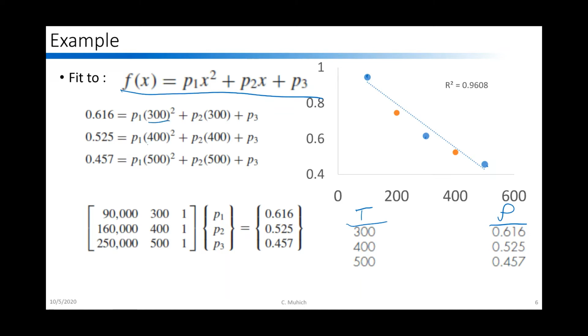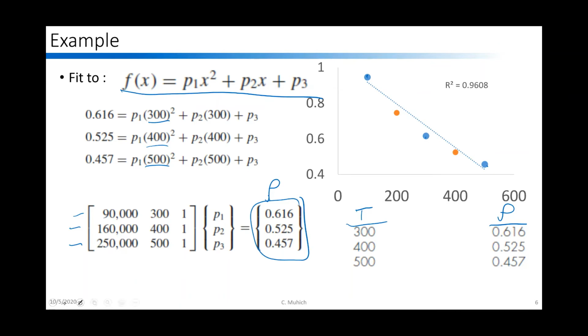So here we take 300 squared, 400 squared, 500 squared, which are 90,000, 160,000, 250,000 as the first column, 300, 400, 500 is the second column, and ones all the way down the third column. Then pulling off our densities over here, we can just plug them in from that density table.